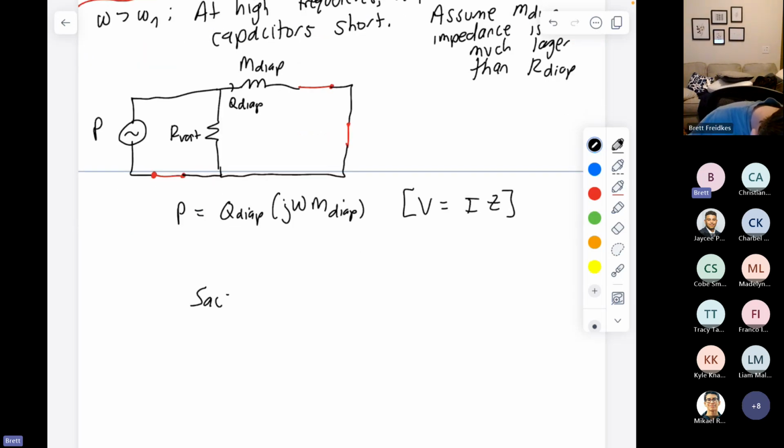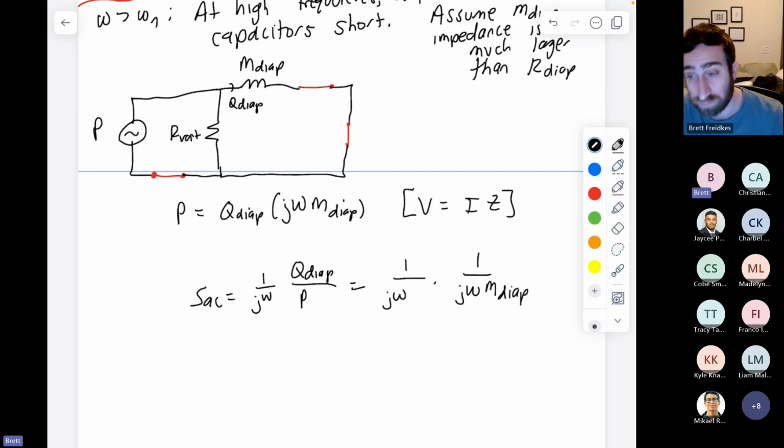Now, for our acoustic sensitivity, which we said is 1 over j omega Q of the diaphragm times P, we see that this is going to be 1 over j omega times 1 over j omega M of the diaphragm. Do we see that?